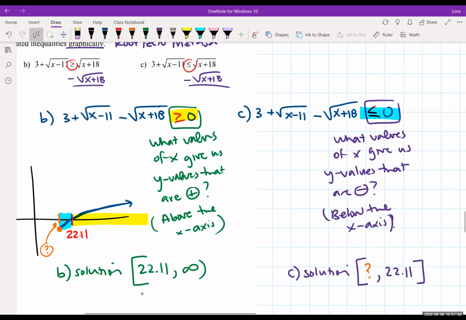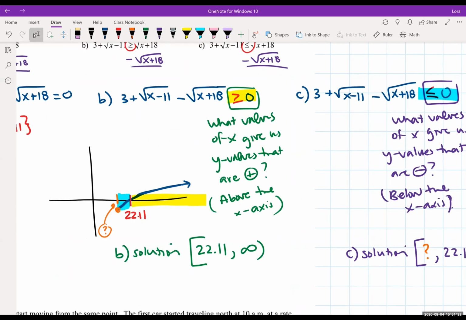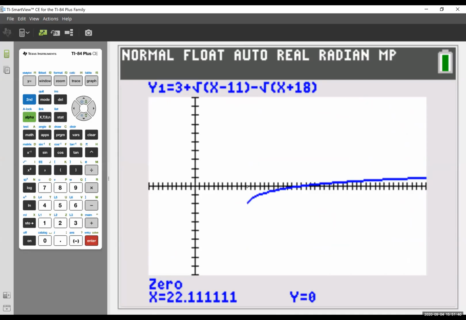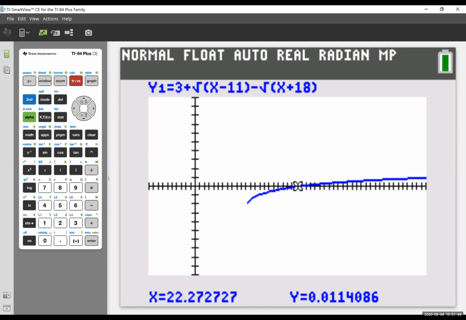Now you can go back and play with your TI to see if you do have a value, but sometimes it doesn't give you a clear idea. You can play with trace and you might have a good idea of what it looks like, and you can see where it starts and ends. You see 10.9, then 11, but it doesn't give you a precise value.